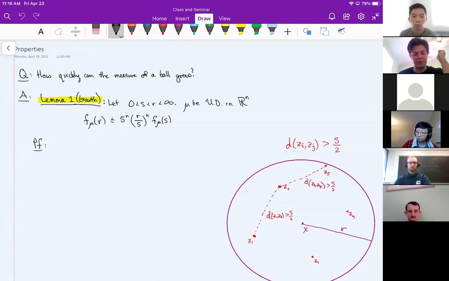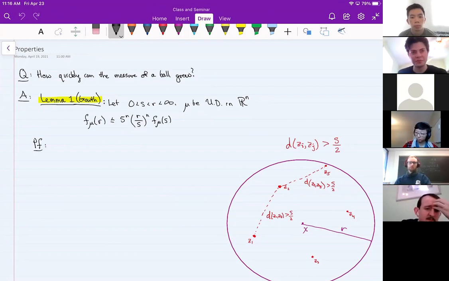Okay, and so the answer is given by this first lemma. So if I fix two numbers s and r, s less than r, and mu is just any uniformly distributed measure, then I get this relationship between the distribution functions. So F mu of r is less than 5 to the n times the ratio r over s to the n times F mu of s.